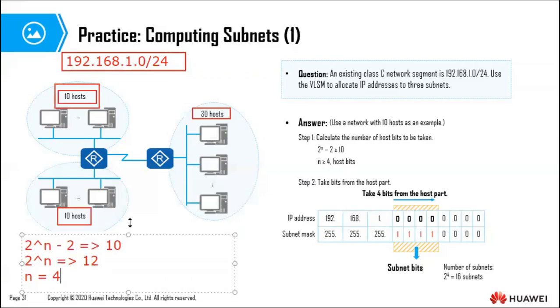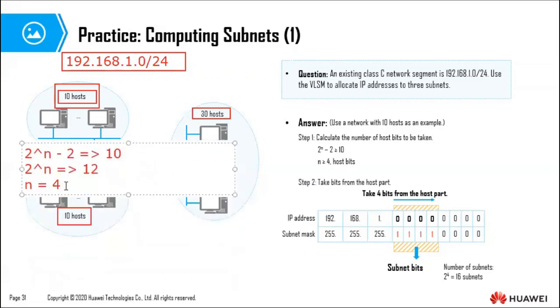Similarly, so by 4, it means that we are going to borrow how many network bits? We are going to borrow 4 host bits, I'm sorry. We are going to borrow 4 host bits and convert them to network bits.